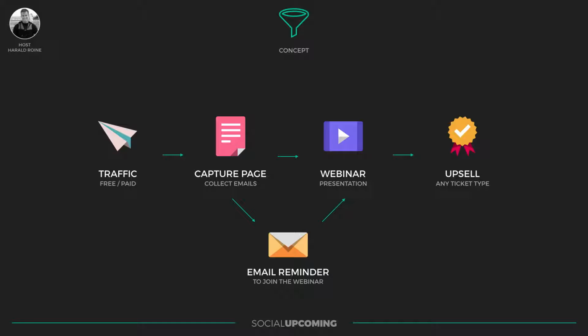And there are other ways to do this as well. You can go from the capture page directly to a replay of a webinar. So if you held a webinar last Friday and it's Monday now, you can set up an advertising campaign and the entire funnel, and then advertise and send people through the registration page, which is a capture page, and then to a page where they are able to view the replay.